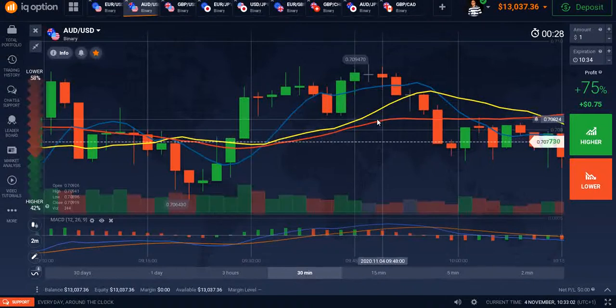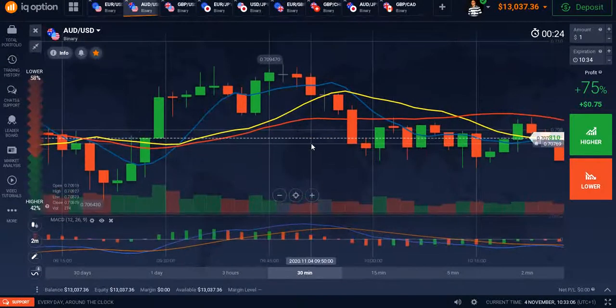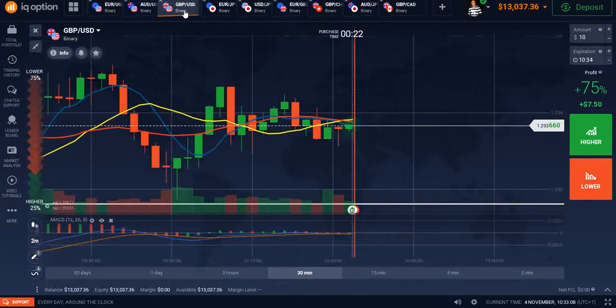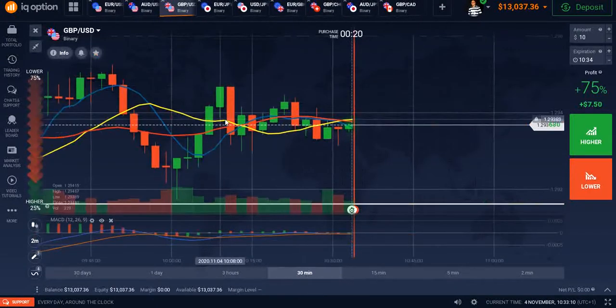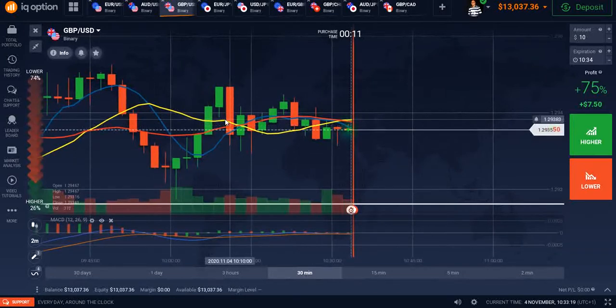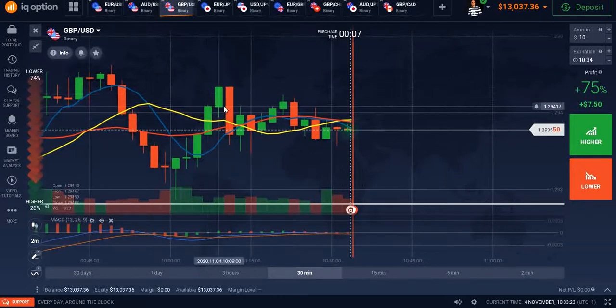You open your account, you verify your account, you set up your account. But after you invest your money, just leave your real account. Don't trade on your real account. Trade on your demo account first and start practicing with this 2-minute strategy.